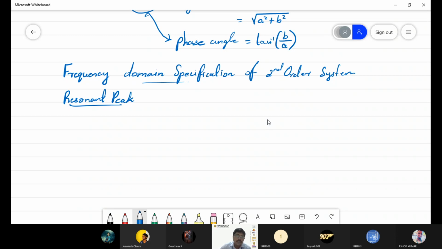For finding the resonant peak, we need to consider the generalized form of the second order equation.